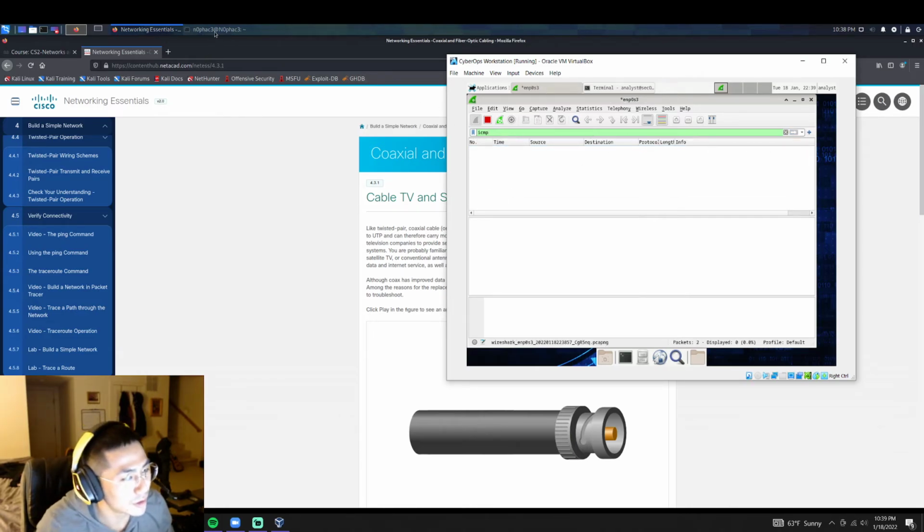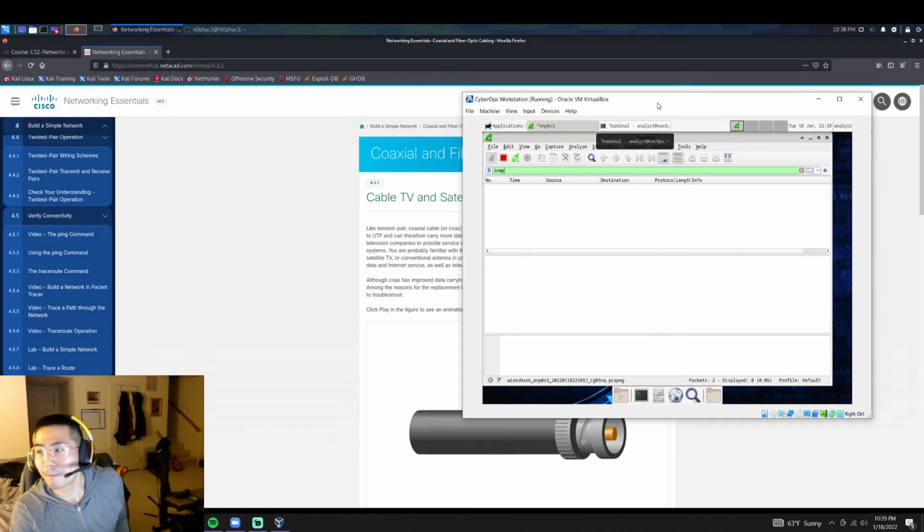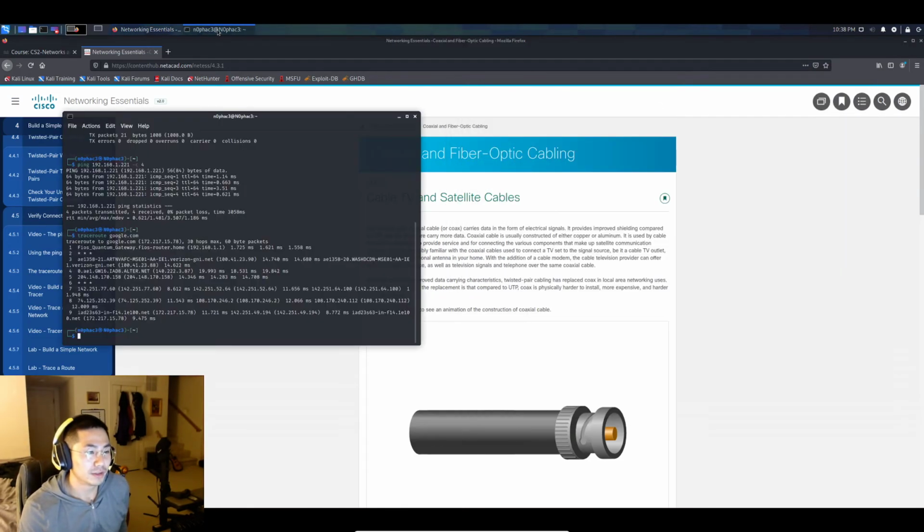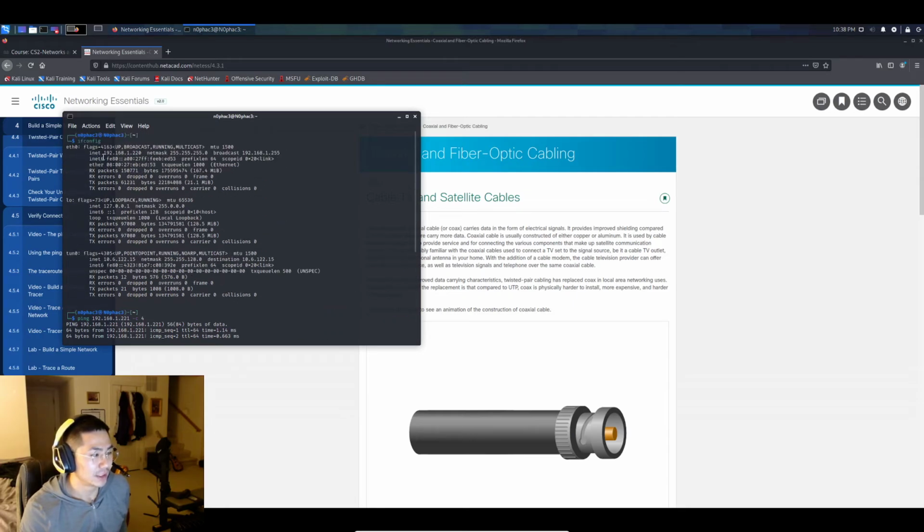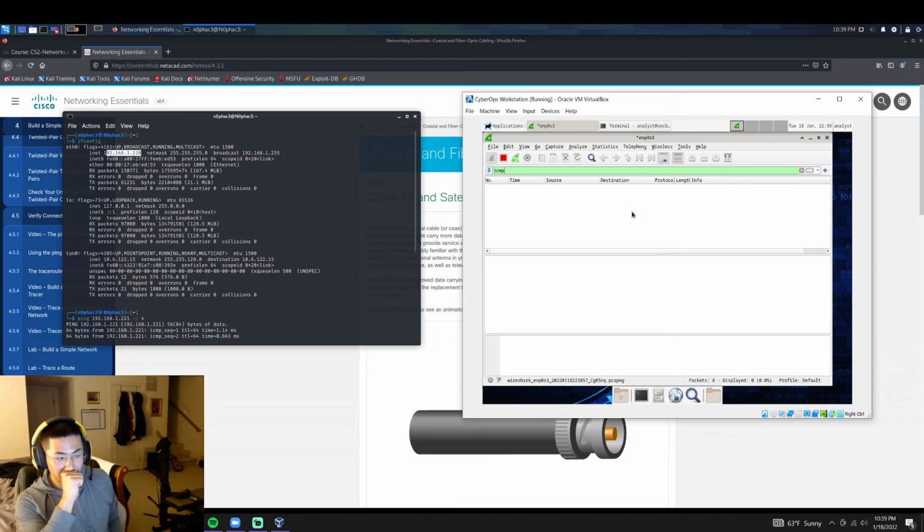We saw that my Kali machine, 192.168.1.220, when I pinged my work CyberOps workstation, we saw that this was my Kali machine.